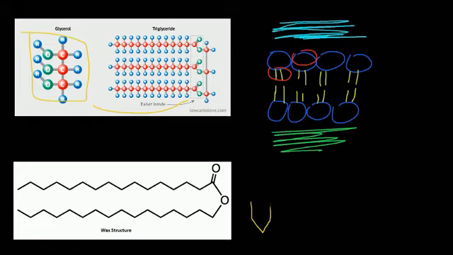Alright, so steroids are generally going to follow this ring structure. They're pretty important in the human body and in most organisms. They consist of hormones and vitamins like vitamin D. Hormones, for example, allow for communication and the regulation of certain processes, like metabolic processes and whatnot.